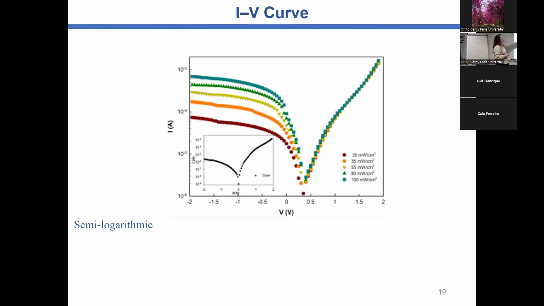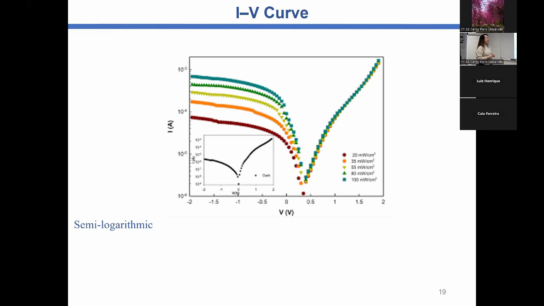It means that we have this format in diodes, and the transport should look different when we analyze the position and the current. This example here is an organic material.